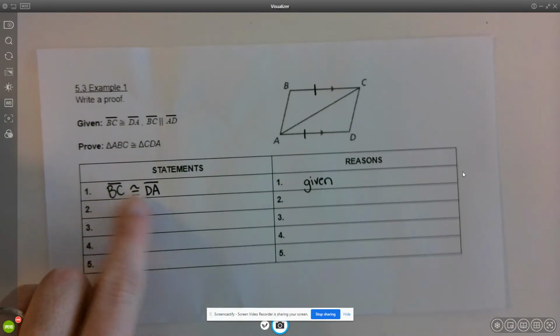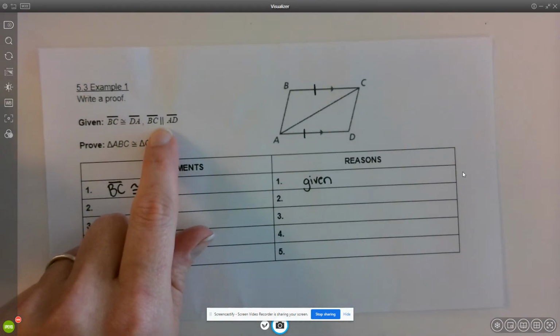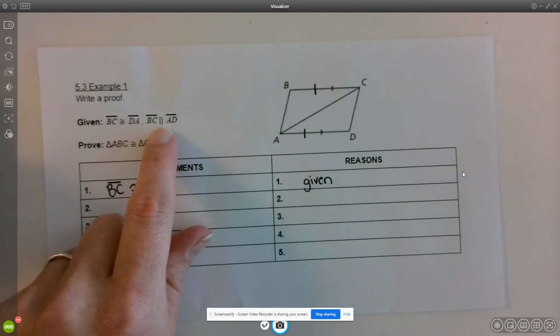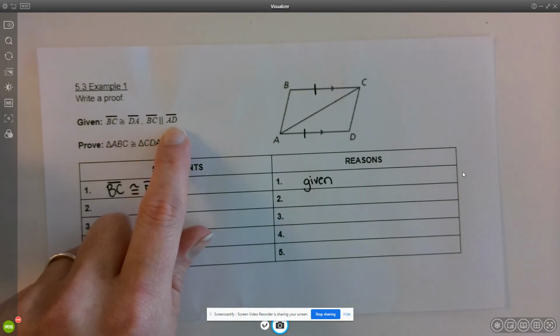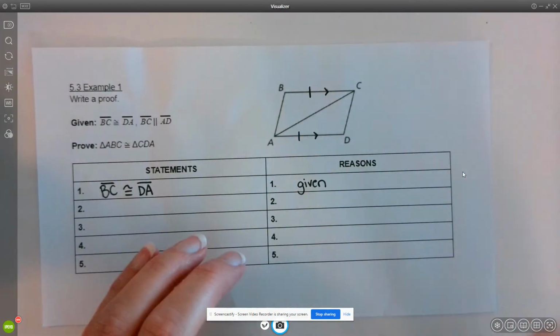Those are the two points that correspond to each other if we're looking in our triangles. So as we name things, make sure we're putting our names in the correct order, so we're matching up corresponding parts. All right, something else that they give us is that line segment BC is parallel to line segment AD. And you can see that in the picture from these parallel symbols.